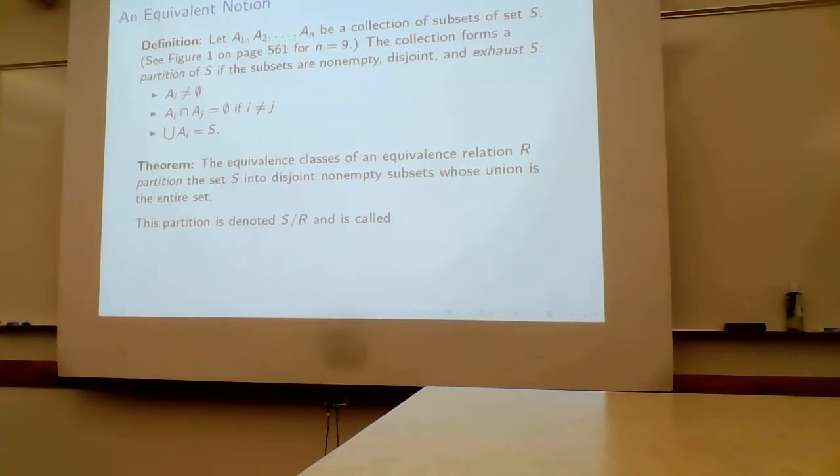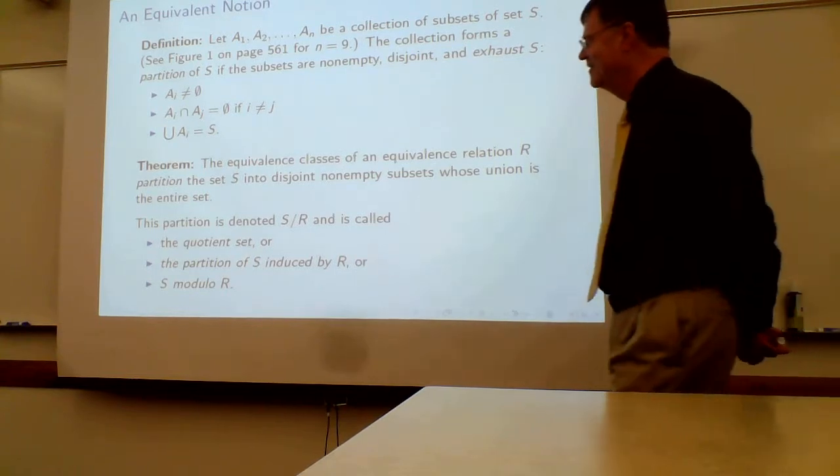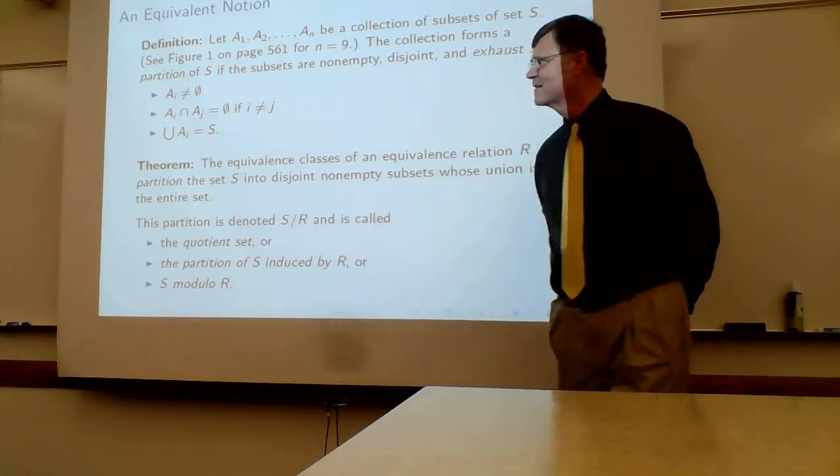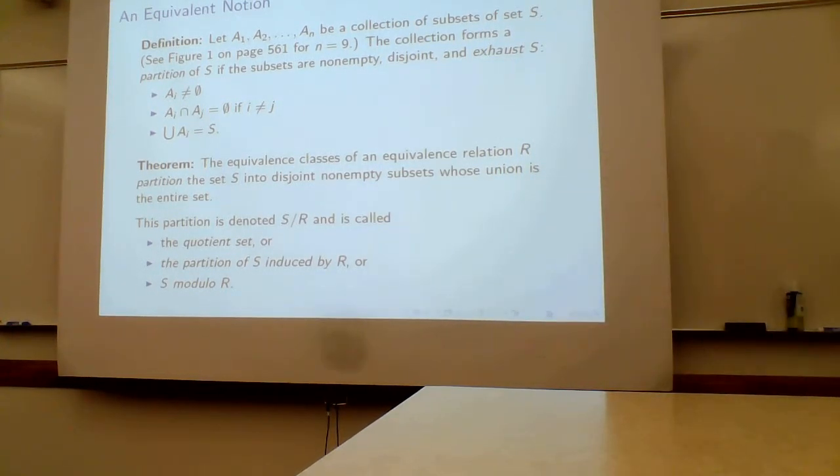Well, what about this notion that we have S somehow divided by R, divided up into non-empty, disjoint, and mutually exhaustive sets? So we call it the quotient set, or the partition of S induced by R, or my favorite term, S modulo R.